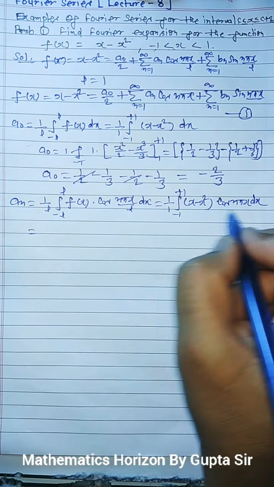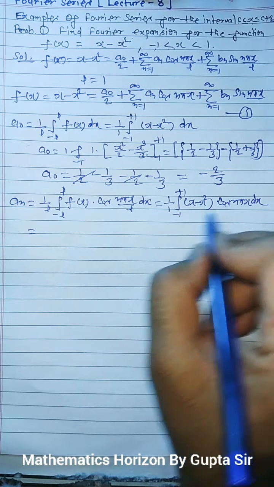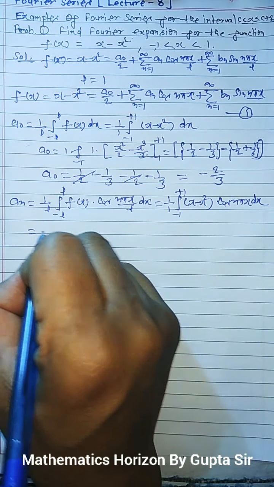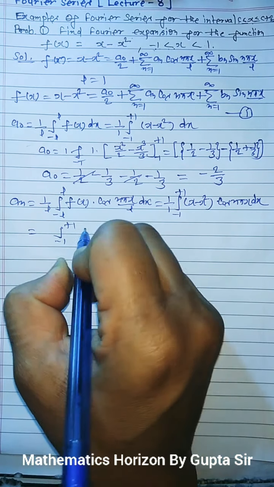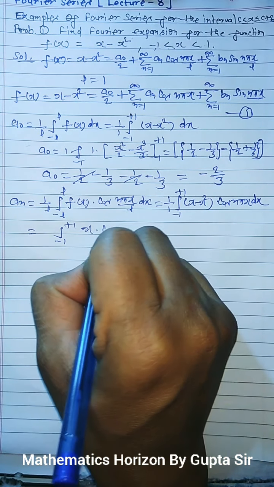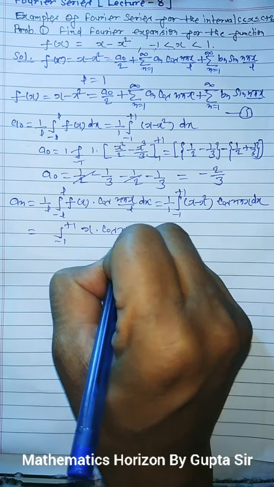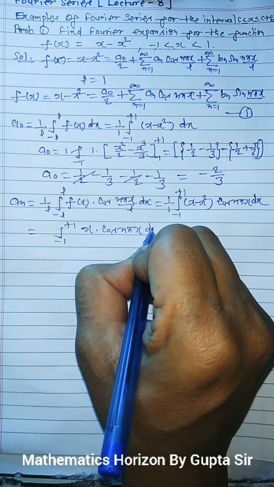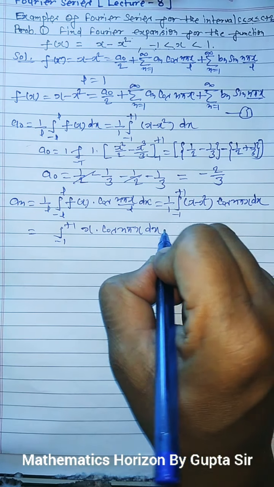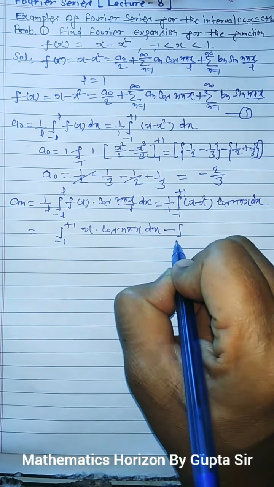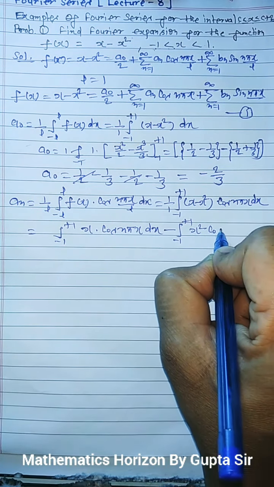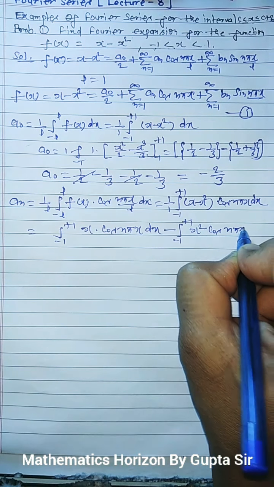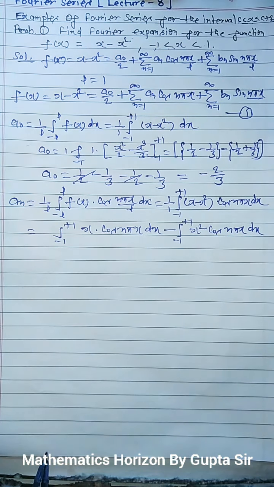Now we can divide this integration in two parts. Number 1, integral from minus 1 to plus 1 of x cos n pi x dx, and the integral from minus 1 to plus 1 of x square cos n pi x dx.